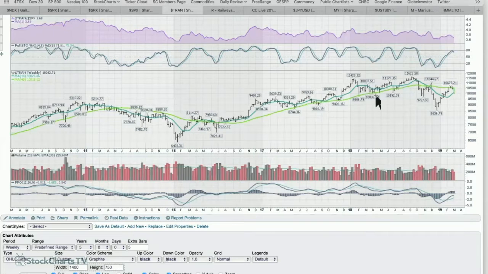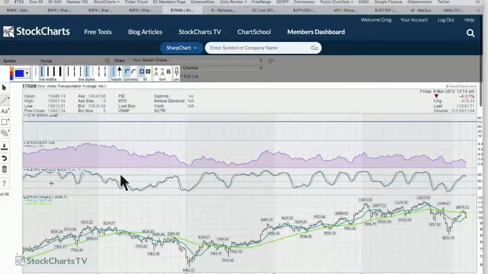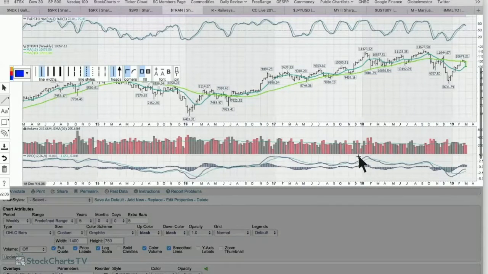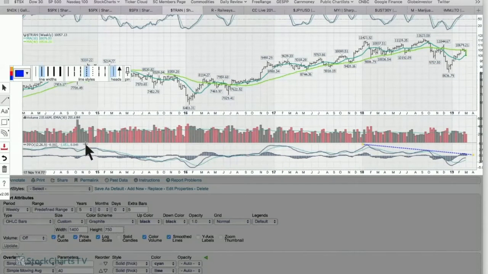And all of a sudden it rides up here for a year and a half and then starts to fall below, rallies back up to it, fails, rallies back up to it, and so far it's failing. I think it's critical to be aware of the position of that, and more importantly, to be aware of the position of the momentum. So we currently have this downtrend in place, and I think that's one of the single biggest clues that we have that this market still has work to do.